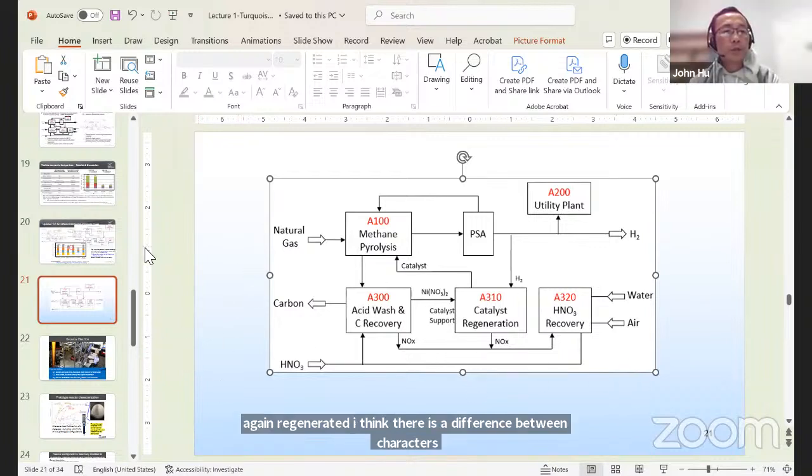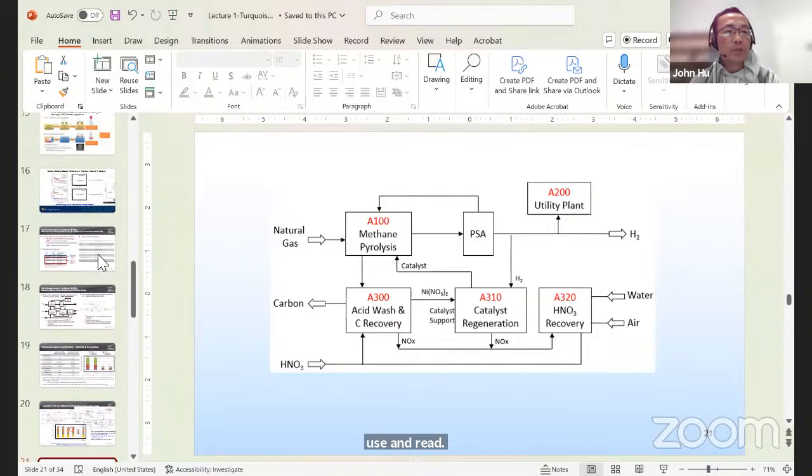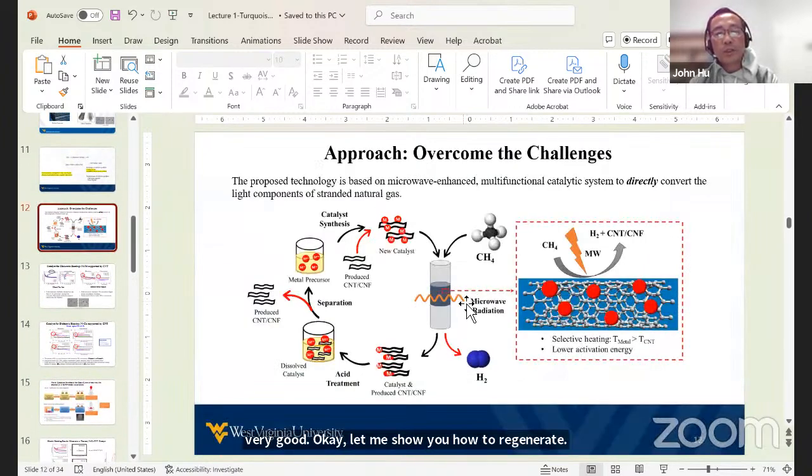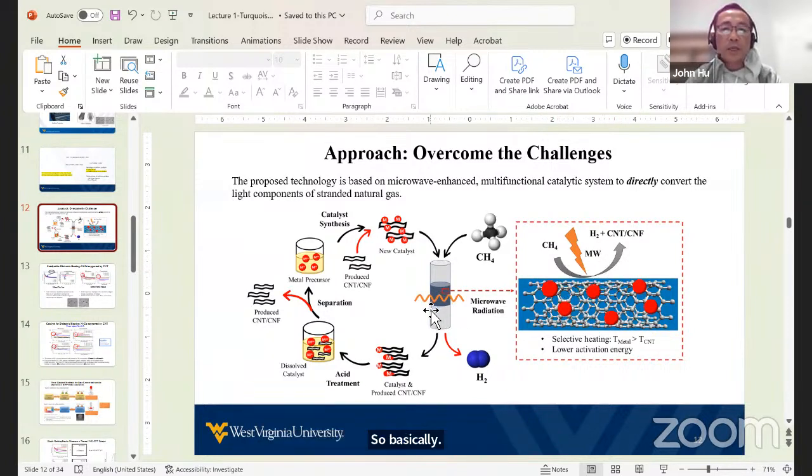Okay, very good. Okay, let me show you how the catalyst is regenerated. Yeah, this is the catalyst regeneration. So this really relates to the catalyst regeneration. So basically this cartoon tells you what the catalyst put in the reactor is. Okay, the catalyst begins with, let me write it down.